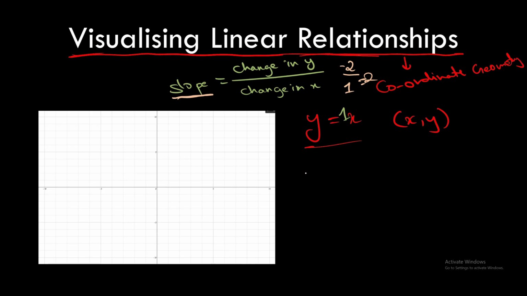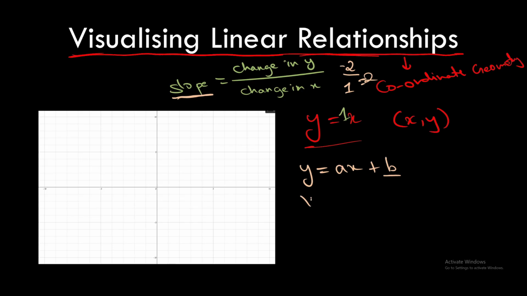So now not all linear equations follow this format, y is equal to ax. There is also some constant added to it, which is b. So let us see an example of how b varies on the graph.